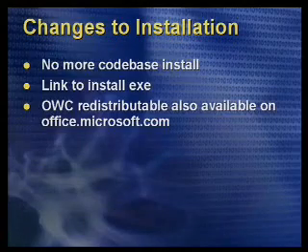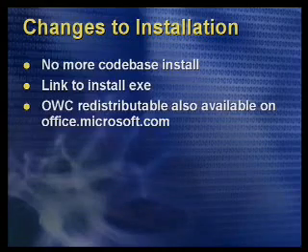Now, the installation for the Office 10 Web Components is fairly lightweight. What it basically involves is you install the Office Web Components, and you also install a special version of the pivot table services that ships with SQL Server 8. Now, when I say special version of SQL Server pivot table services, what I mean is a version that fixes bugs since the release of SQL Server, but it's not SR1.